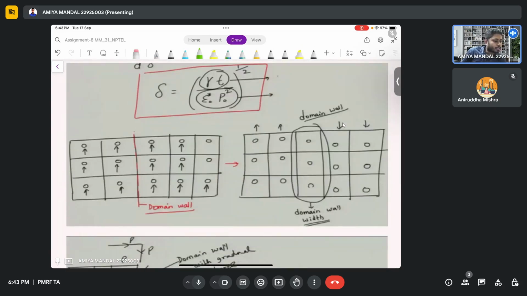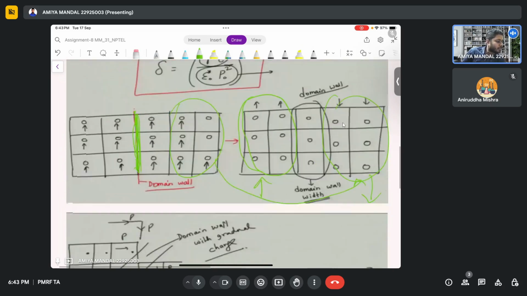Here you can see that if a depolarization field is occurring in this field, then the direction of these two regions is upward, and the direction of these two regions is downward.